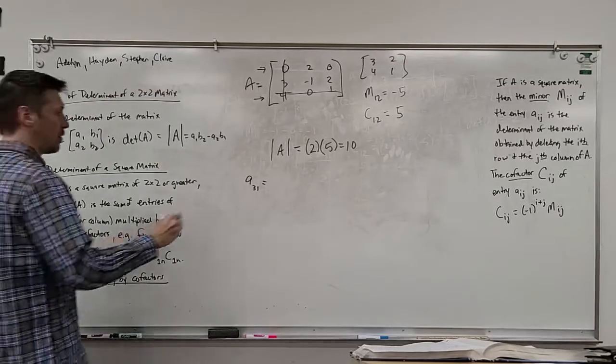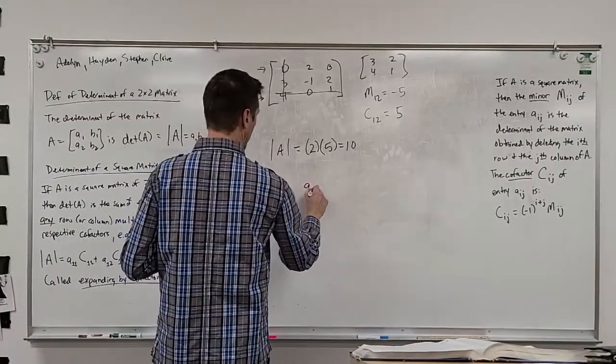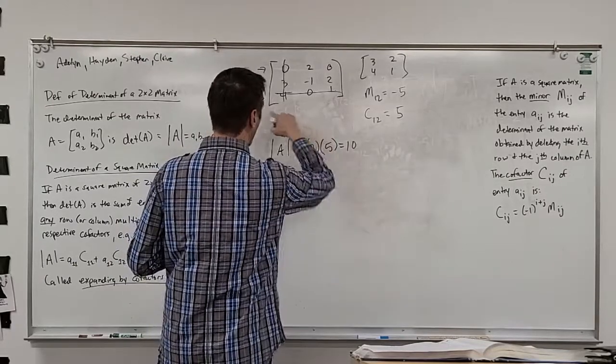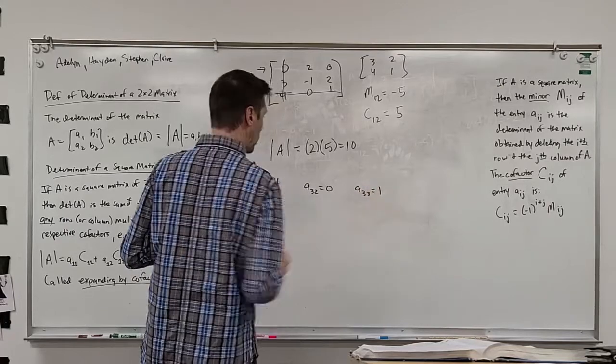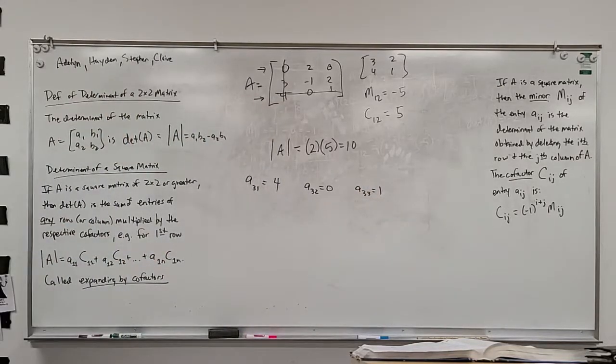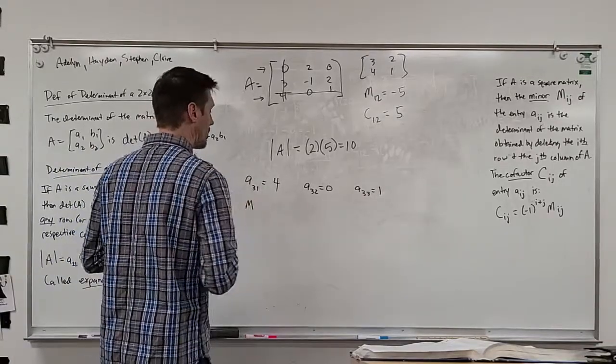And so that entry is 4, all right? I'm doing this whole row here, so A32 is going to be 0, and A33 is going to equal 1. All right, so what are my corresponding minors for these?